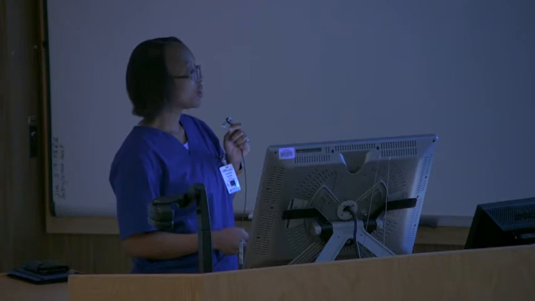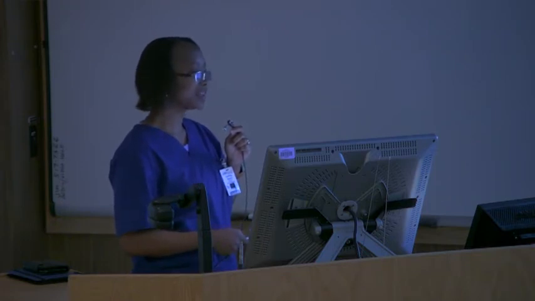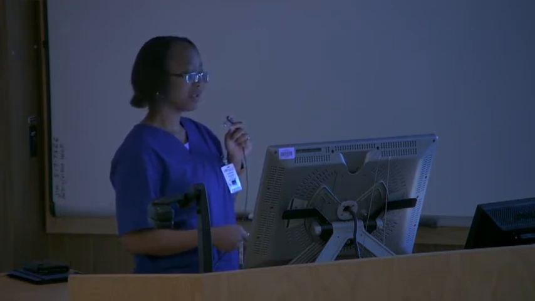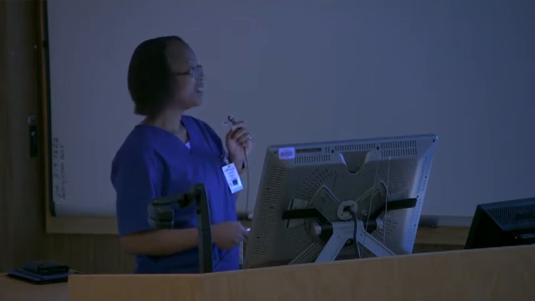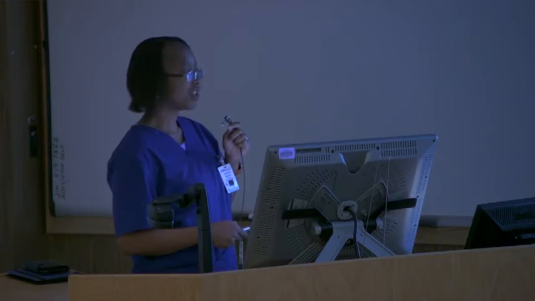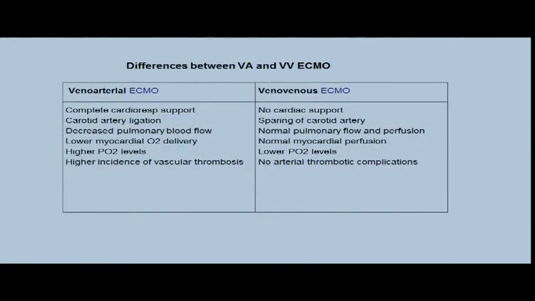And usually, like I said, the arterial cannula is placed in the common carotid and it goes into the innominate artery. The coronary arteries actually come earlier on in the aorta, and therefore that means that you have lower myocardial oxygen delivery in VA, but you have higher PO2 because it goes directly into the artery.